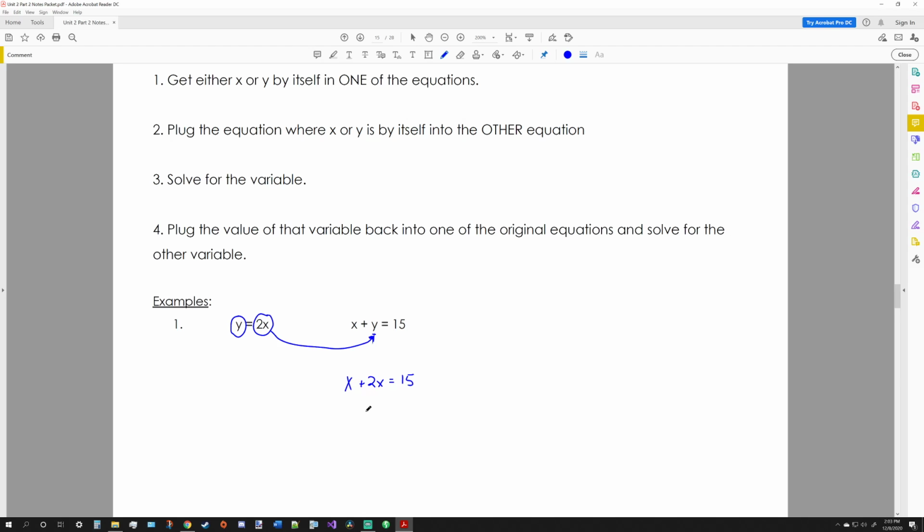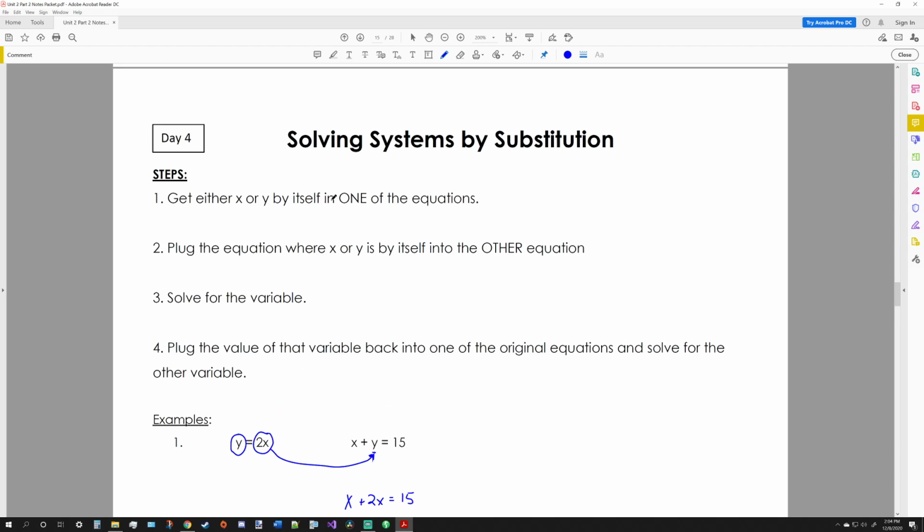And we combine like terms. So 3x equals 15, and we solve for x. So now we divide by 3, and we get x equals 5. Now this is actually not my answer to the question yet. Because remember, we're solving systems of equations, and when we were graphing, we were finding the intersection point.